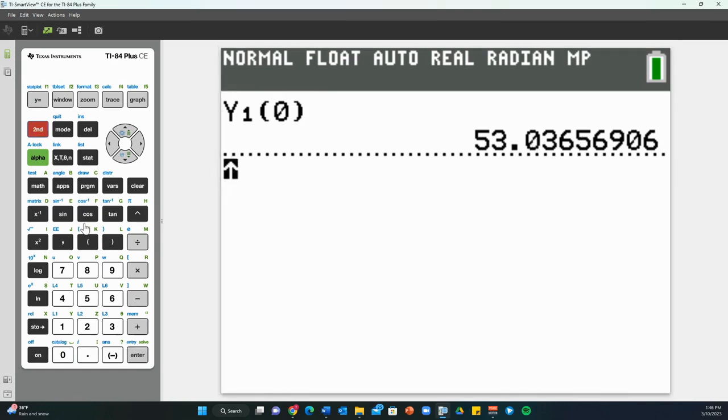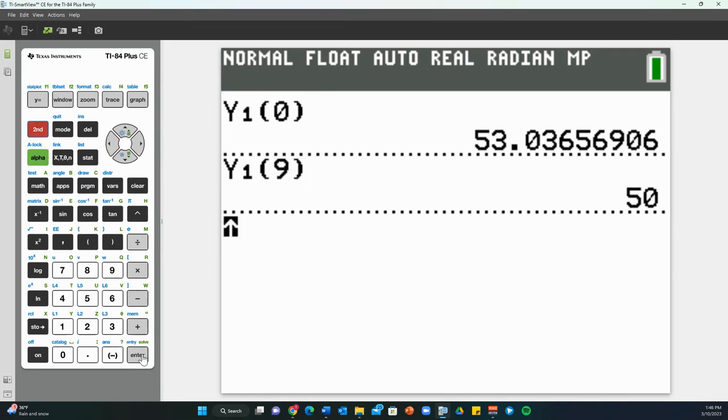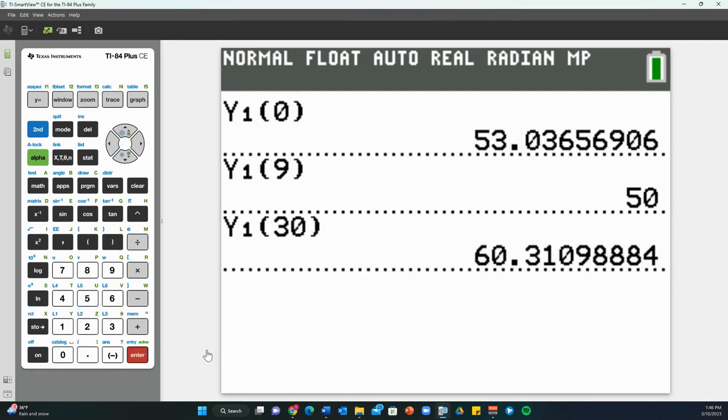Then I can recall that text back up, change it to 9, and then one more time, plug in 30 at the end of my interval. So whether you want to do it with the table, or you can really sit there and hand plug in all that calculation, if you're doing it repetitively, it's just faster to make the calculator do all that for you.